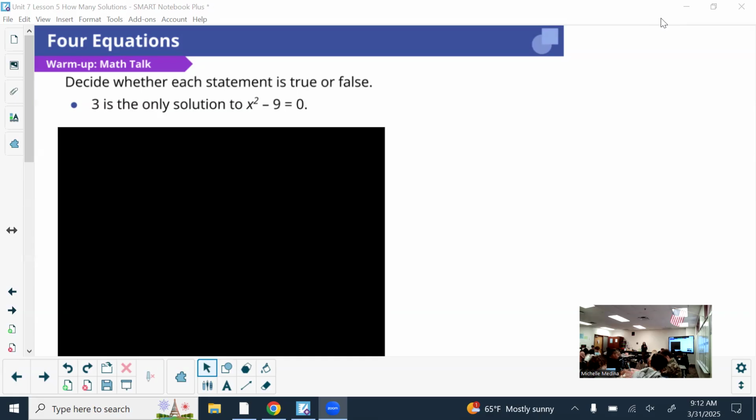Again, this should be something that you don't have to graph, you don't have to calculate with a calculator. Look at it. Is 3 the only solution? True or false?